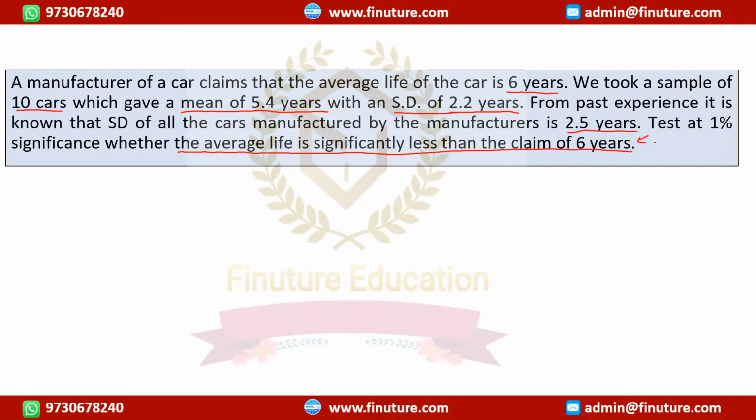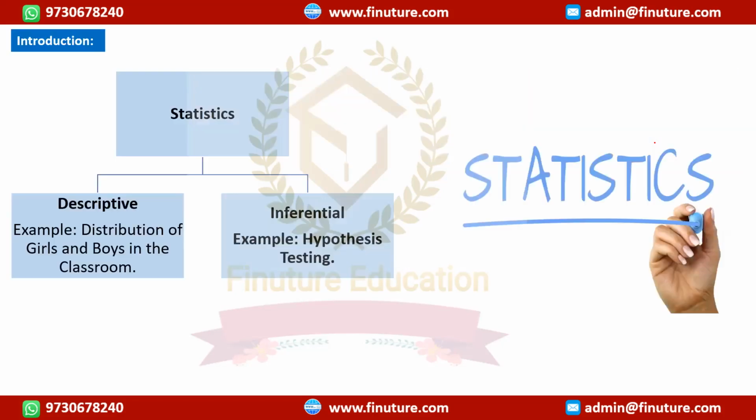He would claim superiority of his product by saying that the average life is more than 6 years. And we being customers, we can counter his claim and say that no, it's less than 6 years. So that's what we have been asked to verify. Whatever claims we are making as a customer has to be verified at a 1% level of significance. Let's see how we do it.